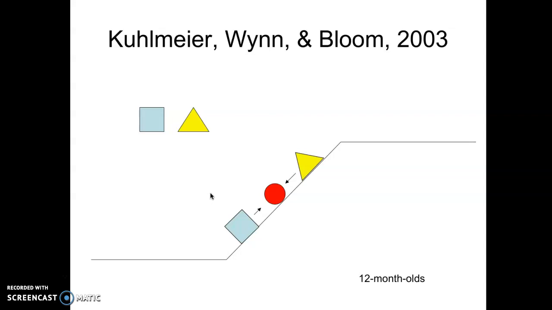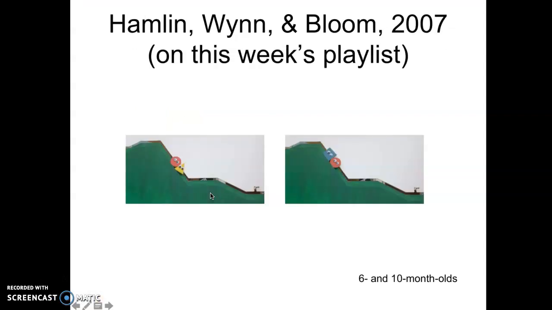Notice also that they counterbalanced which one was the helper and which one was the hinderer in different trials across a variety of studies. So it's not really telling us how children feel about shapes and colors, but it's really telling us about how they feel about the social role of helper and hinderer. So this original study was in 12-month-olds.